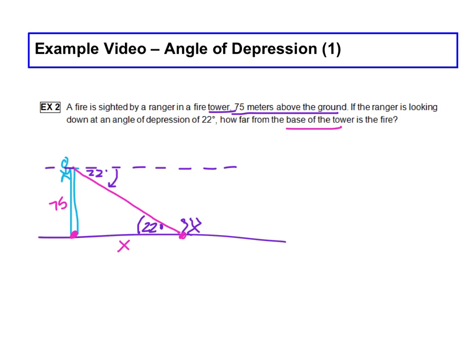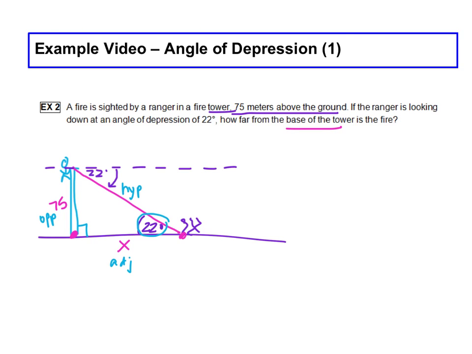All right, so we have our right triangle. Here's our angle inside our triangle. Let's go ahead and label our sides. Across from the 22 degrees is our opposite side, so that's 75. The hypotenuse is across from the 90-degree angle, which leaves our third side as the adjacent side.